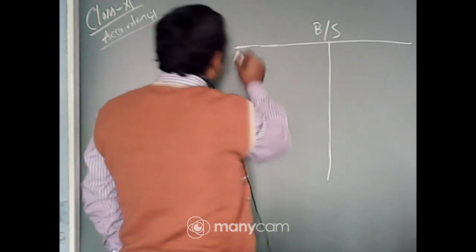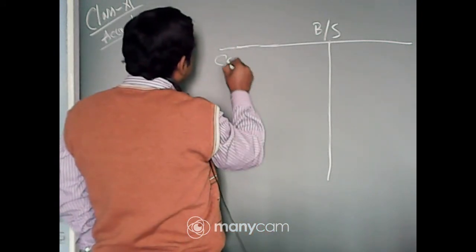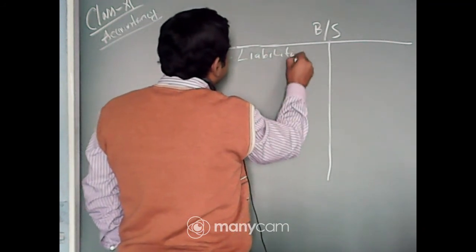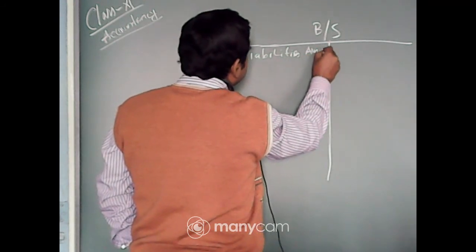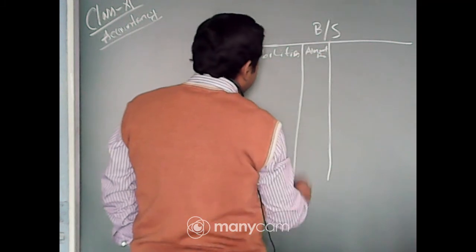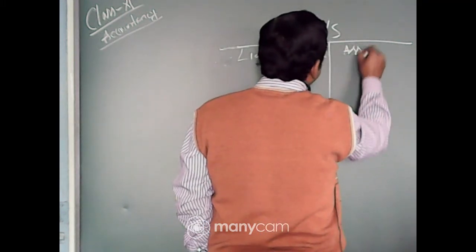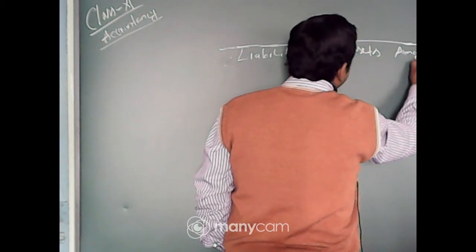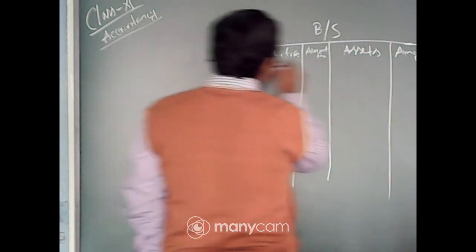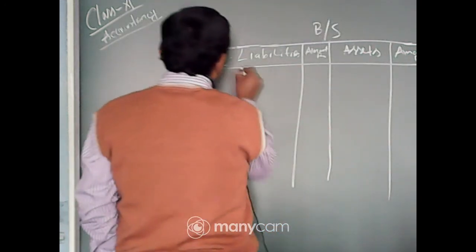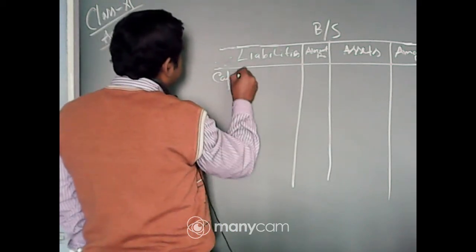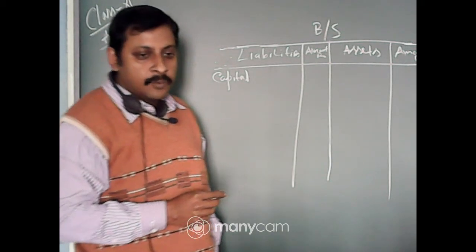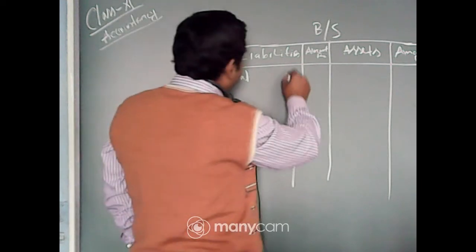From the trial balance, the left side is the liabilities side with the amount in rupees, and there is the assets side with the amount in rupees. On the liability side, first we enter the capital, which in final accounts comes from the trial balance.